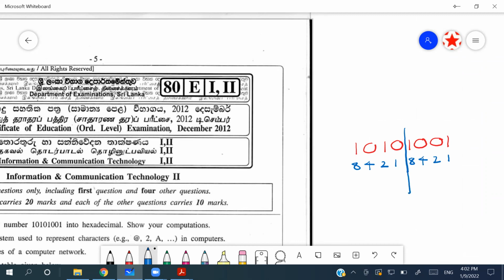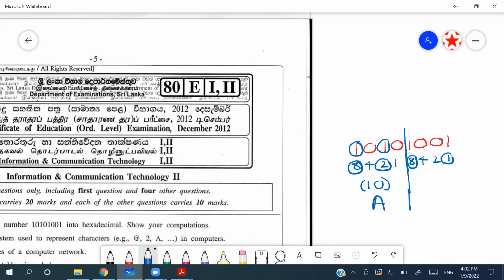We consider what value is created from this. Here it is 8 plus 2, it is 10. Here we only consider 8 and 2 because 1 is off. So it represents 10. Now 10 in hexadecimal is capital A.